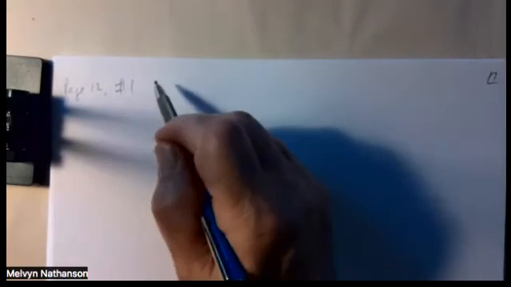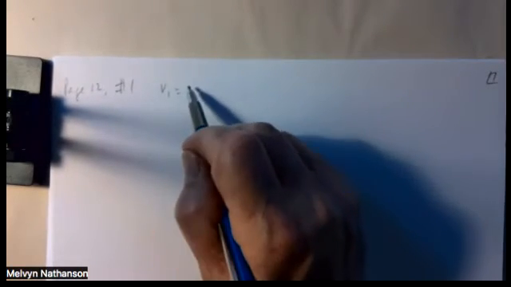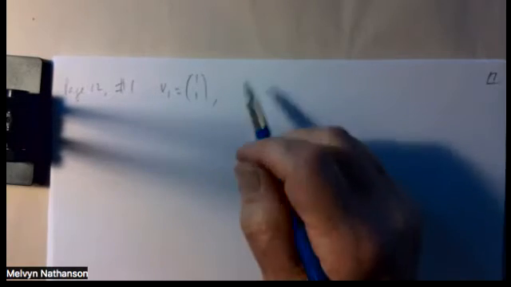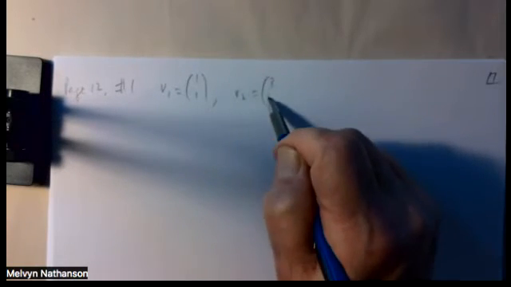Page 14, no, page 12. All right. So in exercise number 1, we have 3 vectors: (1, 1), (3, 5), and (11, 4).